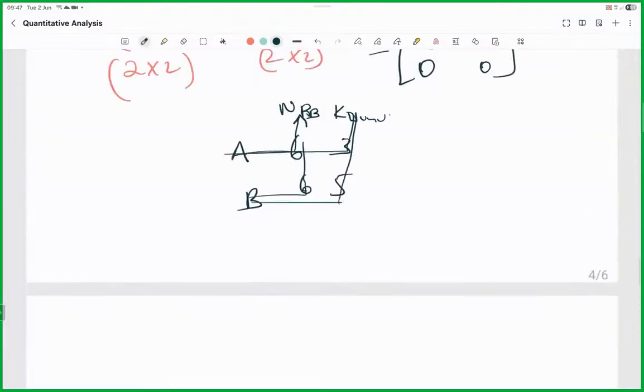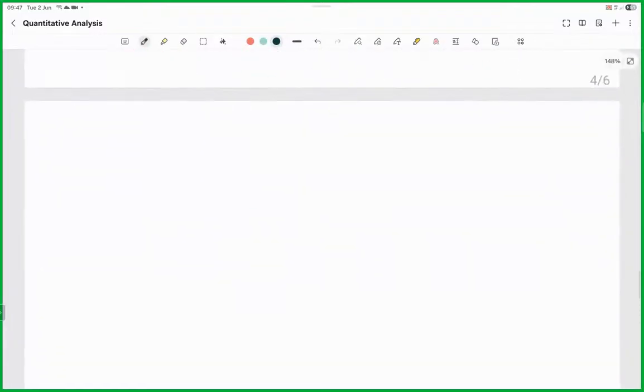Which then takes me to matrix multiplication.